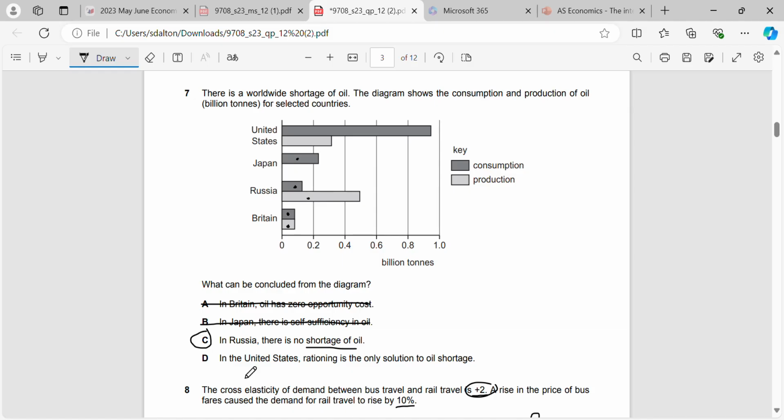And in the United States, rationing is the only solution to oil shortage. Consumption in the United States greatly exceeds their production level, but that's not true because maybe the economist proposing this has never heard of an import. They can just import the oil that they need. Rationing is not the only solution to a shortage.